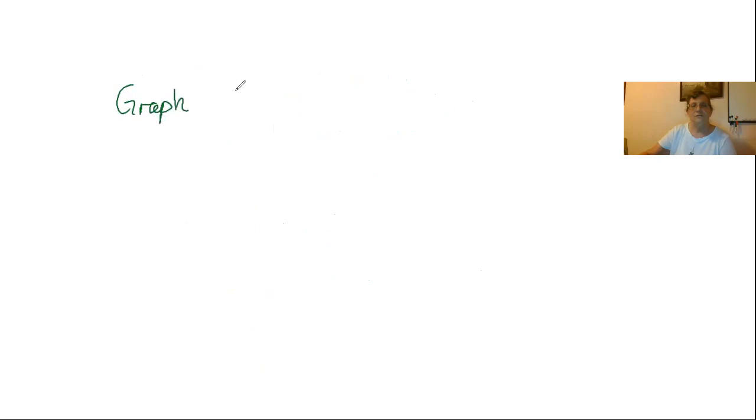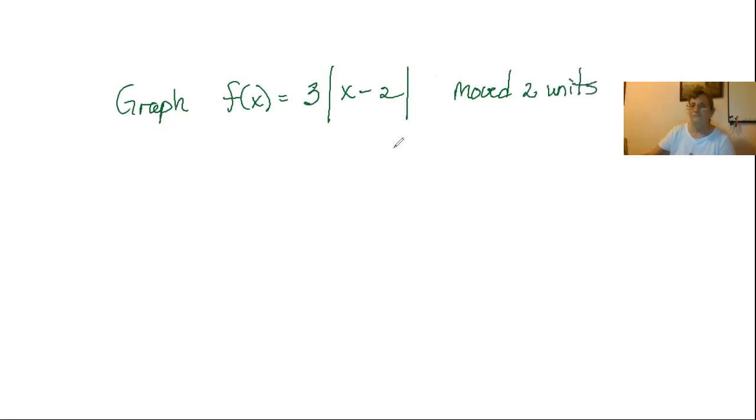If they ask us to graph f of x equals 3 times the absolute value of x minus 2, this is moved 2 units where? The basic function here is y equals the absolute value of x.